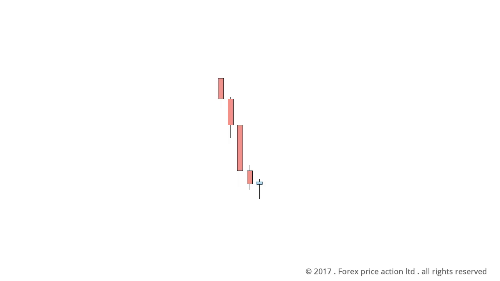It shows us that even though sellers were strong enough to push price down all the way to here, towards the end of this candle's life, and remember, recent data is most important, buyers had control. They completely reversed price and closed above open. Buyer strength is more likely to continue when you see this candle, and that usually makes for better reversal trades. This is the kind of indecision that usually gets me into a reversal trade, but more on that later.